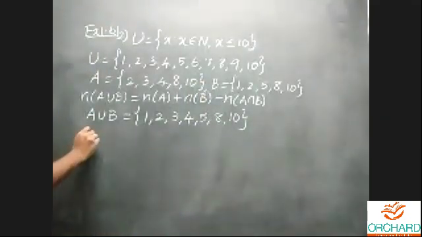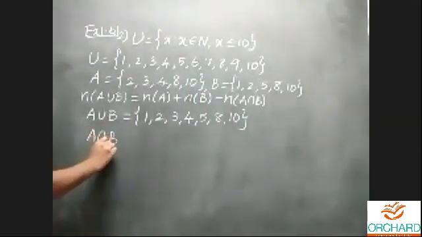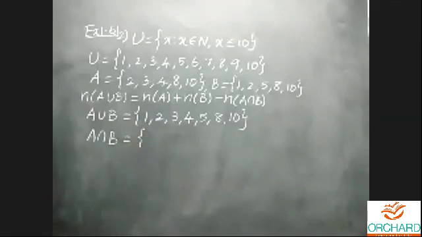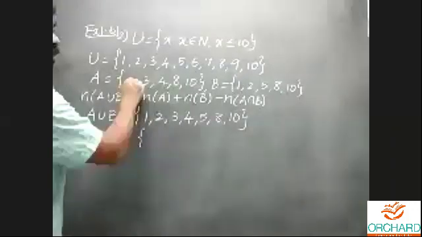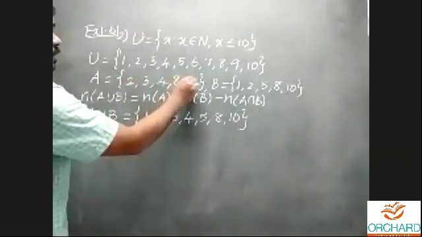Next step, A intersection B. Intersection means common elements. Which elements are common between sets A and B? 2, 8, 10.